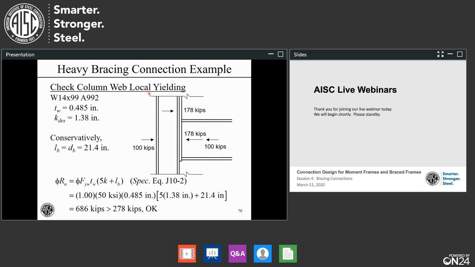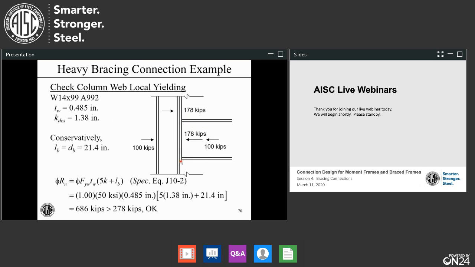First, column web local yielding. We're checking web local yielding in this region over here. Our required strength will be these two added together, 278. I guess the only trick here, again, is the same as before: what do you use for the bearing length? I'm conservatively just using the beam depth from the top of the beam to the bottom of the beam.